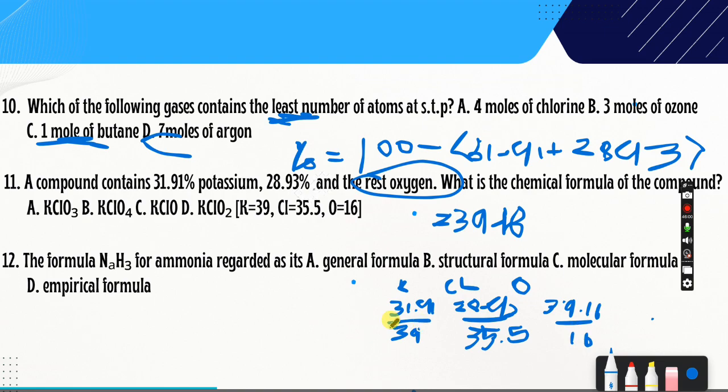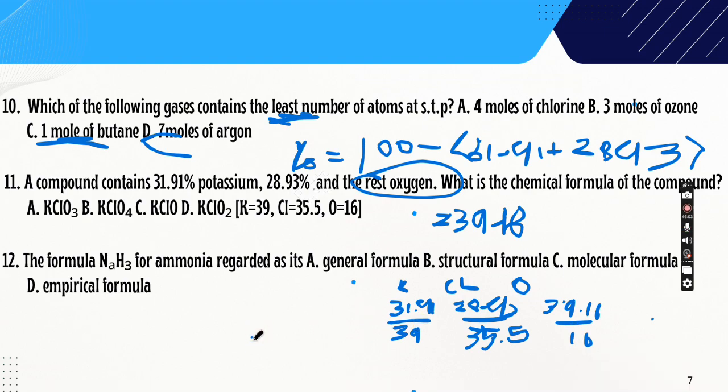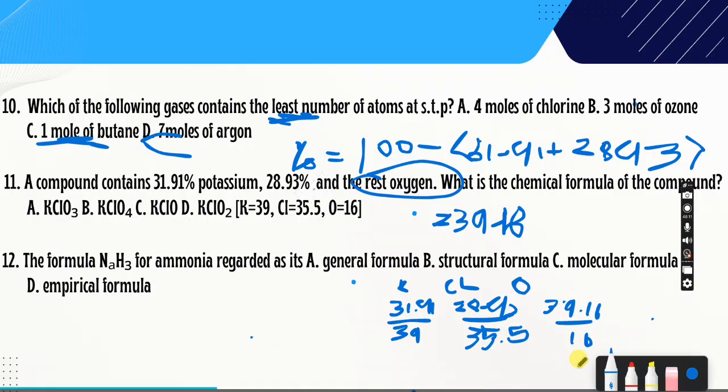So 39.16 divided by 16 will give us 2.45.